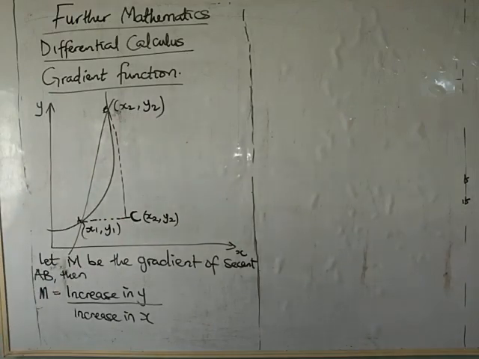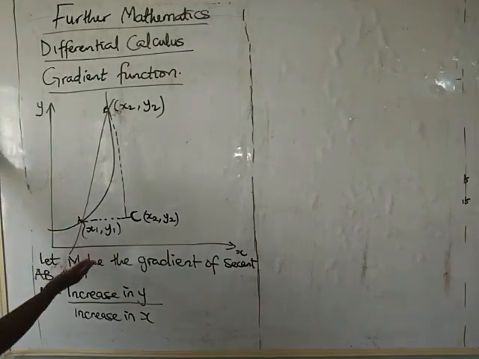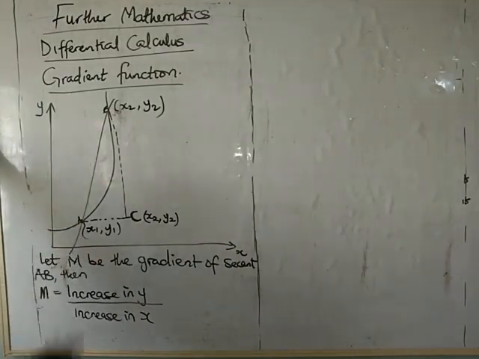I want us to quickly recall from our knowledge of coordinate geometry that we have considered in the past. We realize that on the plane where we have two points A and B, we can easily find the gradient.